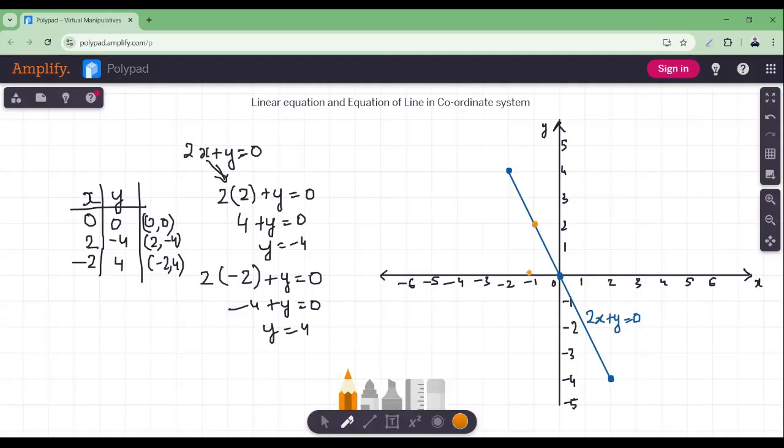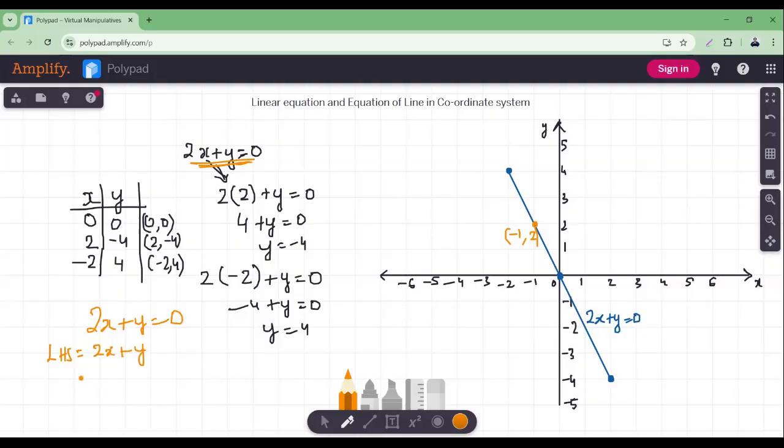Okay, let's take this point. If this point is also on this line, then it should satisfy this equation. It should make it true. So what are the coordinates of this point? Minus 1, comma 2. Let's see whether putting this in the equation 2x plus y is equal to 0 works. Let's take only the left hand side, 2x plus y.